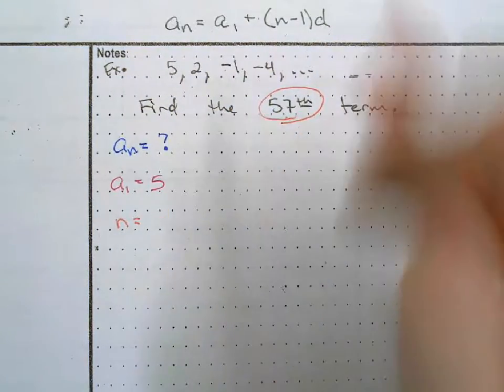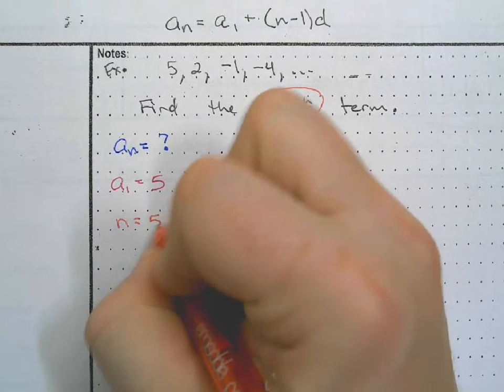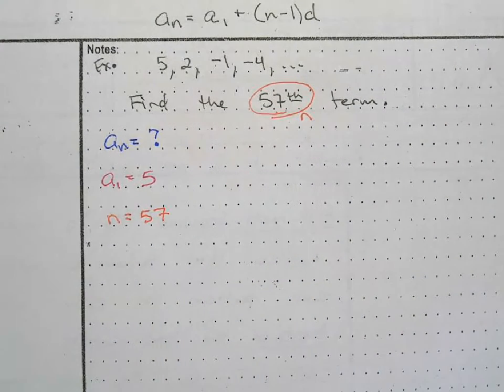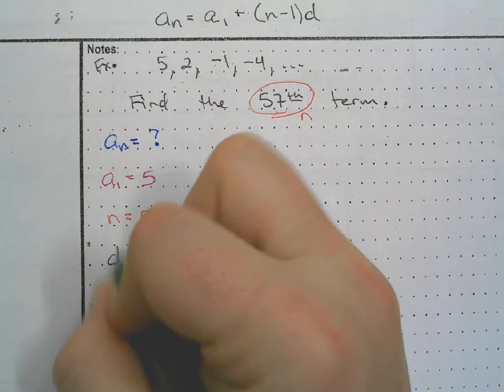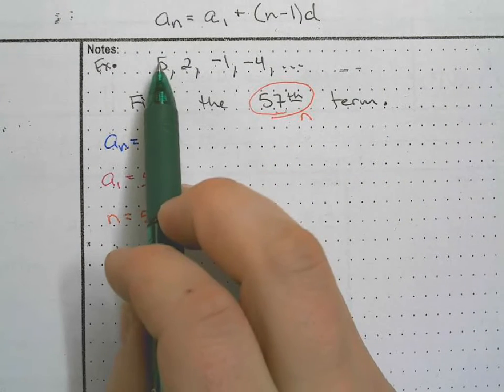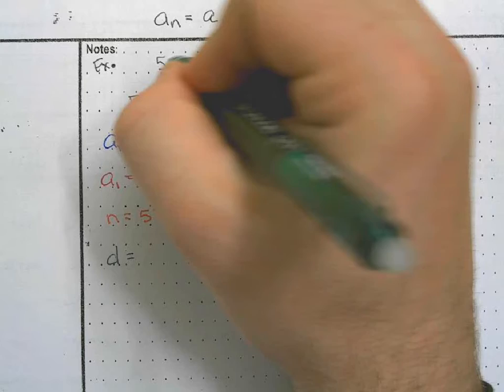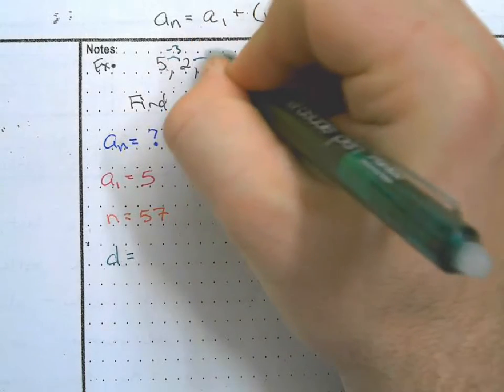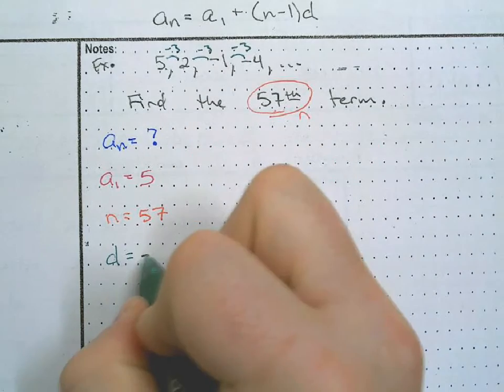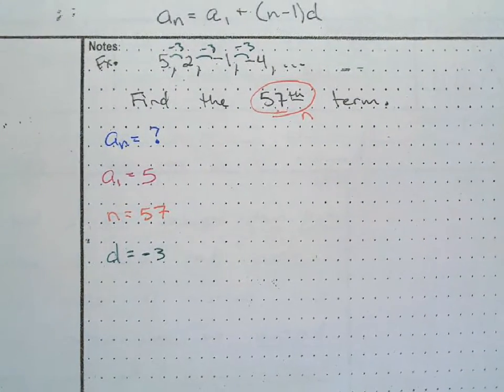So I'm looking for the 57th, so n is 57. And then my common difference is how my list is changing, the pattern. I'm going 5 minus 3 is 2. Then we're subtracting 3. So my pattern is I'm subtracting 3 over and over. So my common difference is minus 3.